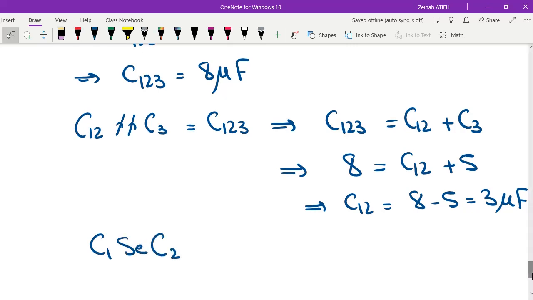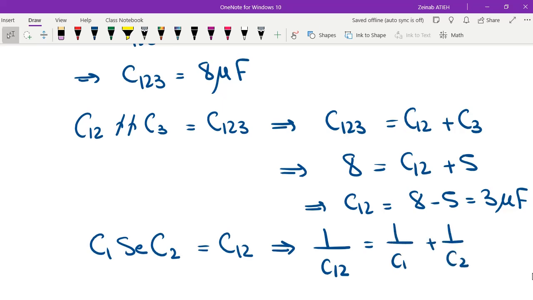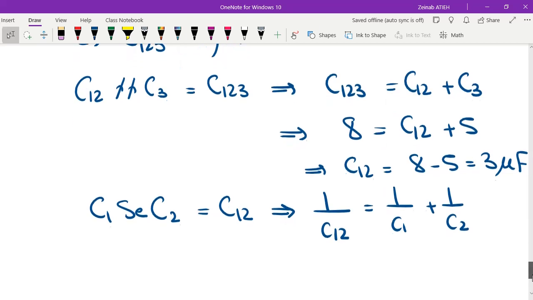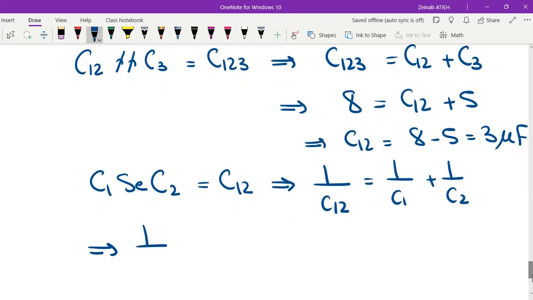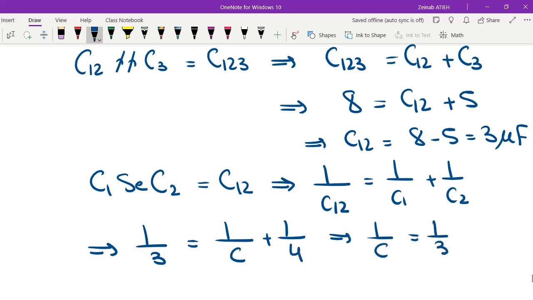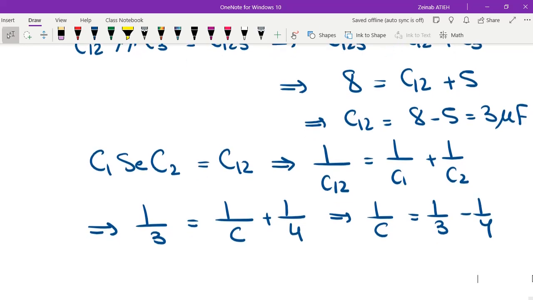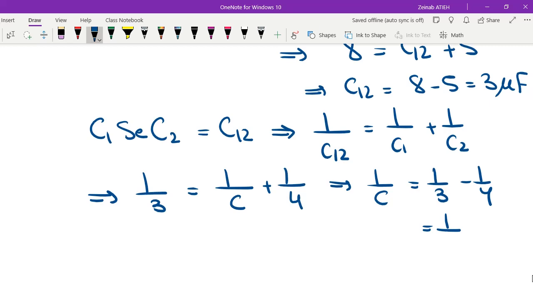So C1 was in series with C2 and gave me C12, implies 1 over C12 equals 1 over C1 plus 1 over C2. I am looking for C1, which is C, implies 1 over 3 equals 1 over C plus 1 over C2, which was 4. Implies 1 over C equals 1 over 3 minus 1 over 4. This will give me 1 over 12, implies C is equal to 12 microfarad.